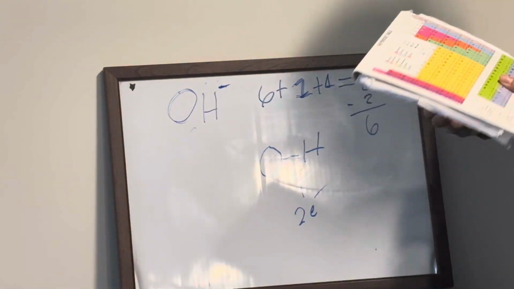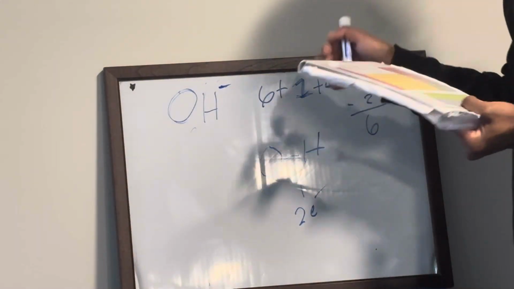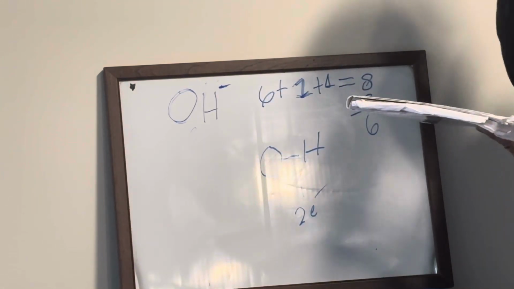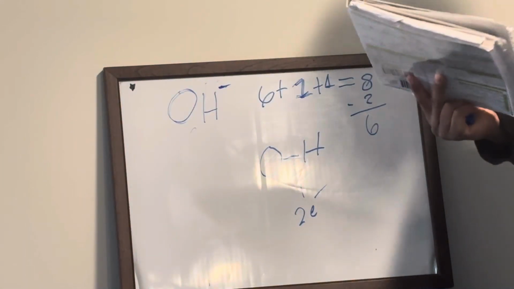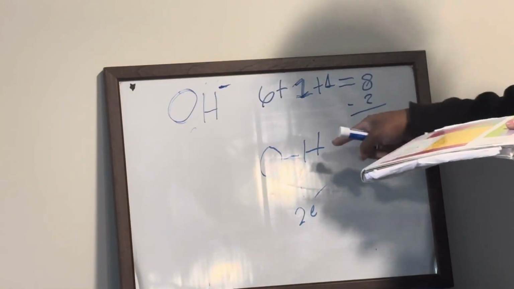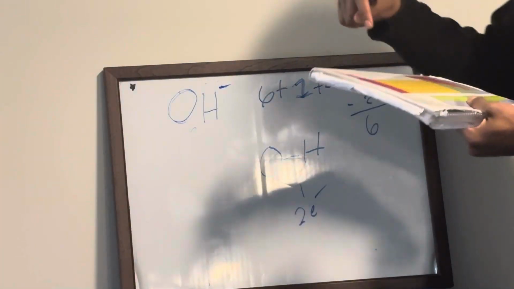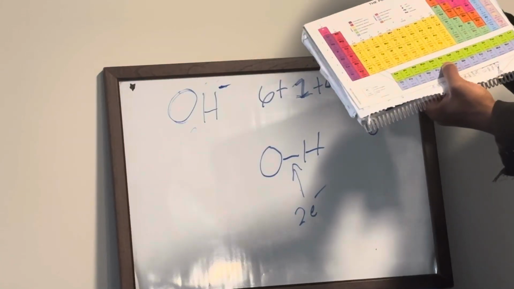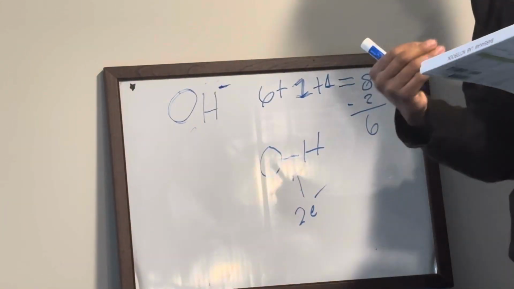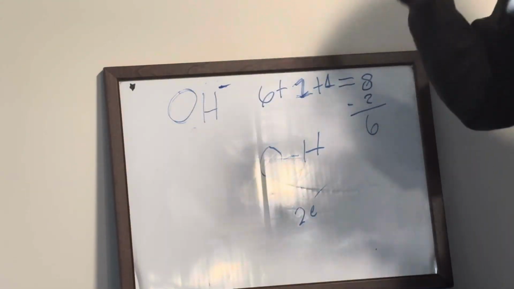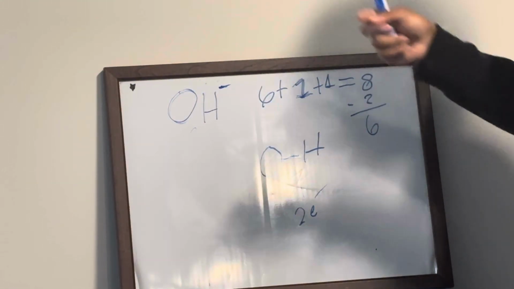So the goal is to make these elements hit those noble gases, get enough electrons to get into those noble gases. So we see H, right? These 2 electrons, H becomes helium. It becomes the noble gas in a sense. It has 2 electrons, which means it's done. Boom, H is done, right?